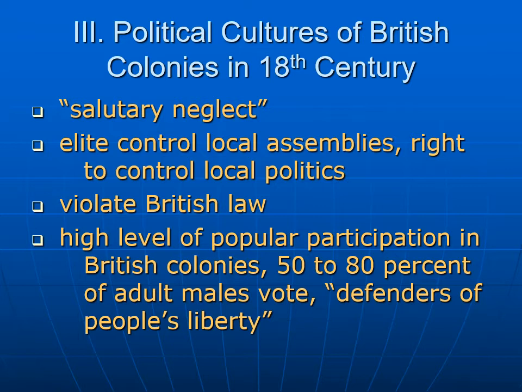But it also, again, will prove causal, consequential, and sparking resistance, because when the king finally does intervene and violate salutary neglect, it sparks resistance so that the colonists can once again govern themselves. Independence, self-determination.